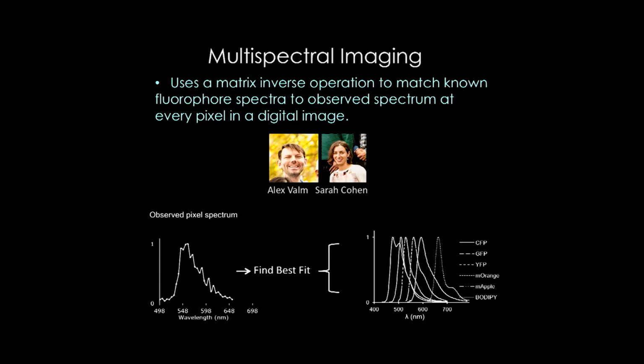And a strategy that they used was essentially if you know the emission spectra of each of these different fluorophores, you can then query an observed pixel spectrum that's a combination of one or more of these fluorophores, and then use linear unmixing to decipher what combination and in what abundance any 1 or 2 or more of these fluorophores would give rise to this particular spectrum. And using that, we can at each pixel of our image unmix to determine which fluorophore is giving rise to the signal that we're observing at that pixel.